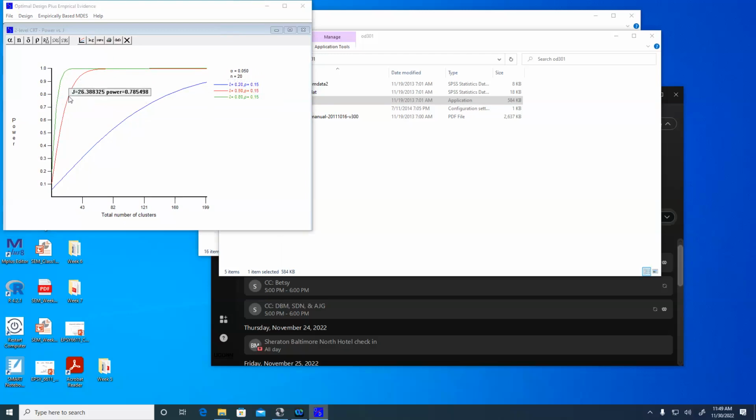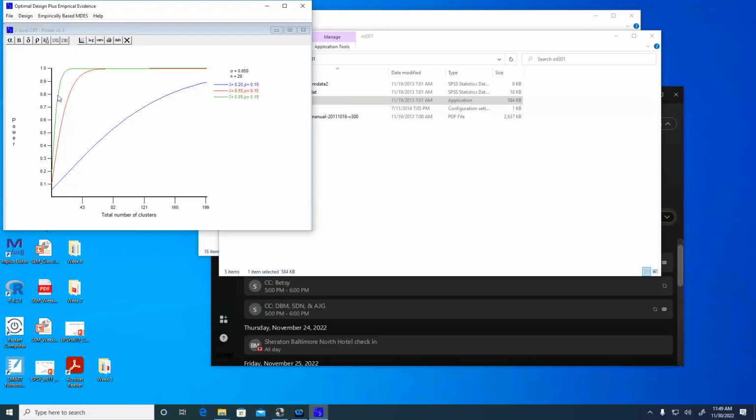So we're at about, see that? Power is 0.8 at about 27.4 clusters, but I would call that 28 clusters. That gives me adequate power at 0.5. And by the way, this is 28 total clusters. So this would be 14 assigned to treatment, 14 assigned to control, 28 total clusters, which is not that bad, really, is it? 20 people per cluster.